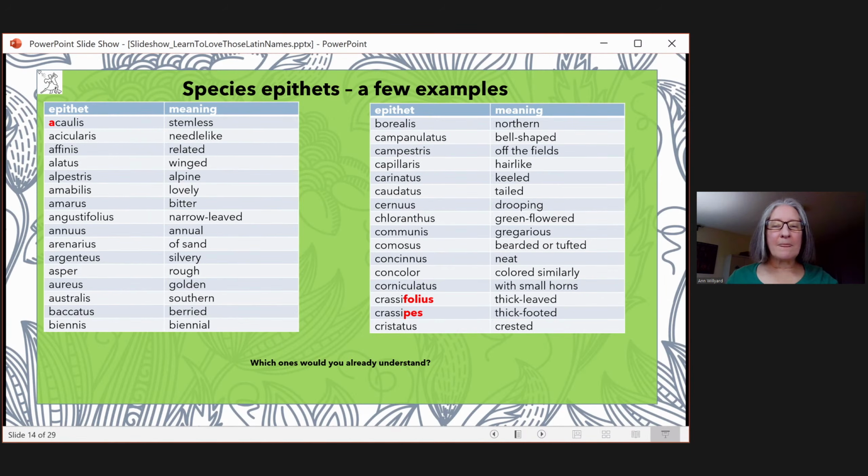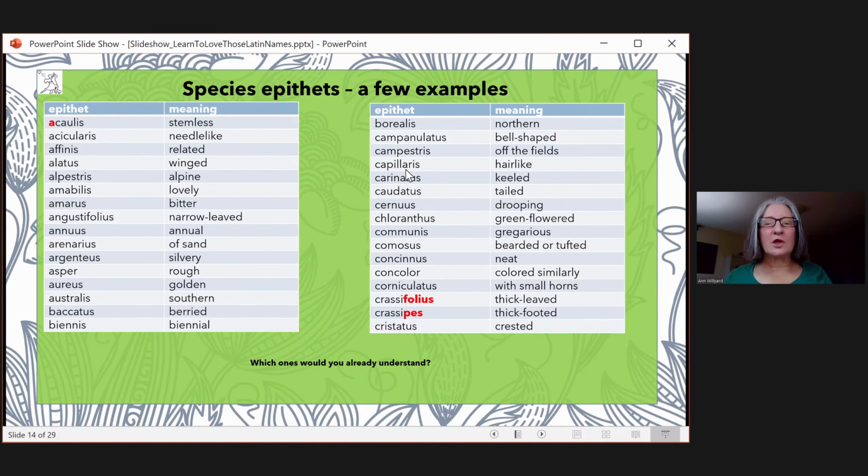And in a workshop I'm going to be doing, I've got a bunch of little cards to put face down on the table to see if people can start matching them and narrow down and make an educated guess with a group of people about which is which. Because I think when you're reading species names, when you're trying to key something out, for example, if you find one that's got campanulatus and you've got a flower that has bell shape, that's great.